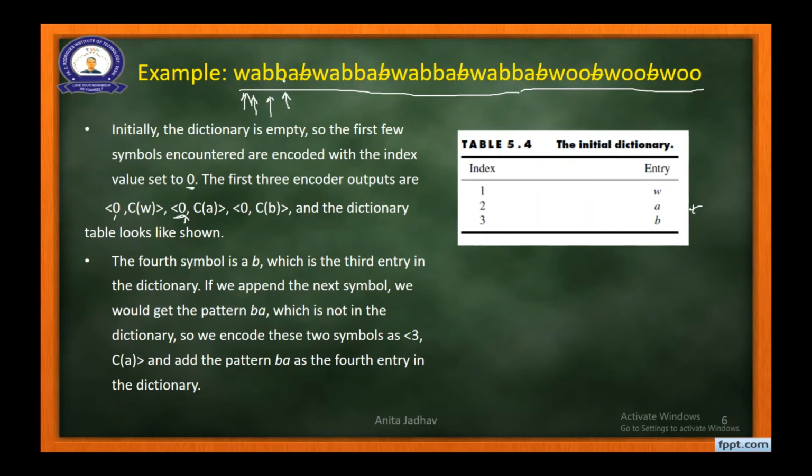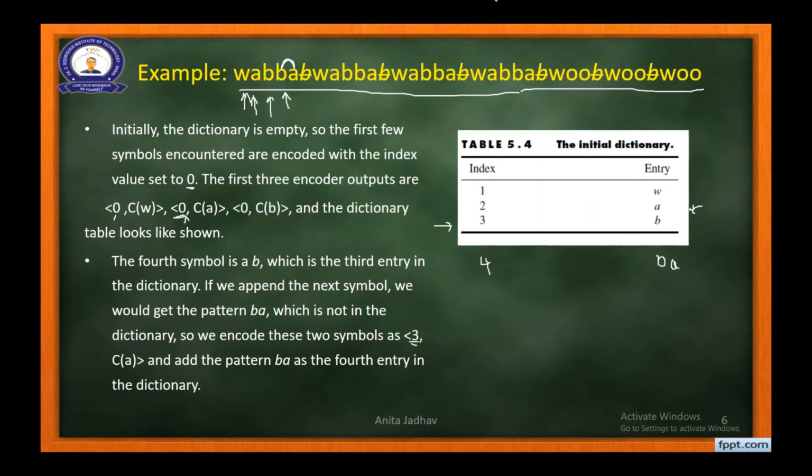What I will say is, this is not there in the dictionary, so let me club these two symbols, BA. Because the first letter was there in the dictionary, I will write down its index in the dictionary. B was at the third position, so I will write the first letter as 3 and I will write the code word for A. And in the dictionary, I will make a fourth entry and write it as BA.